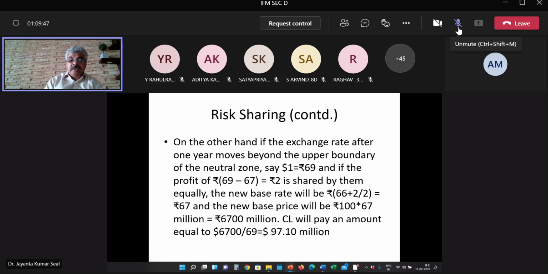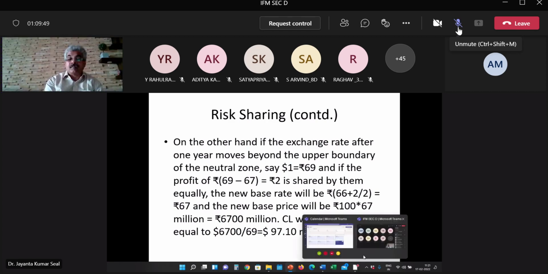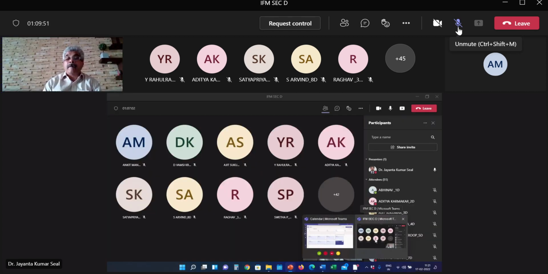Any question? Anybody? So if at this moment I ask you which is the best alternative, which alternative do you suggest? The answer is the same as the previous one. It is very difficult to choose a particular method because each method has its own advantages and disadvantages.